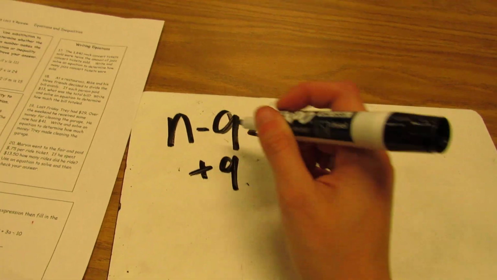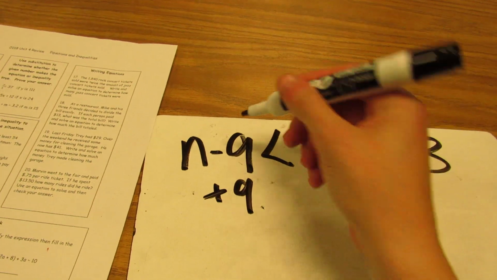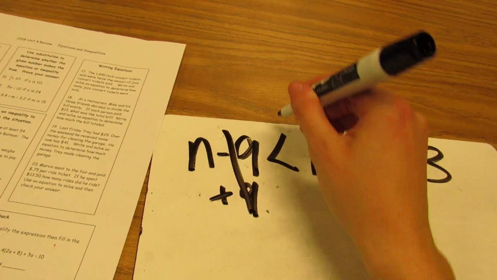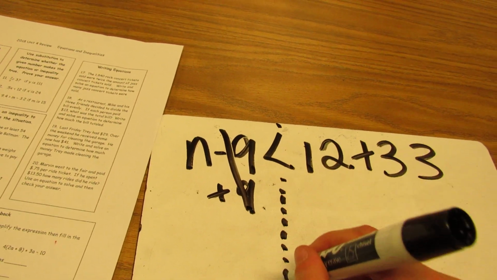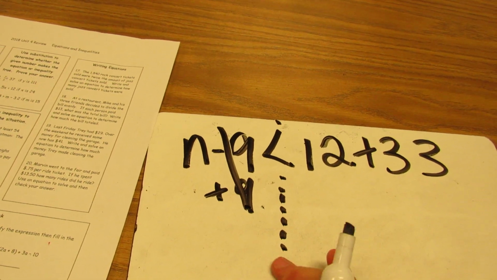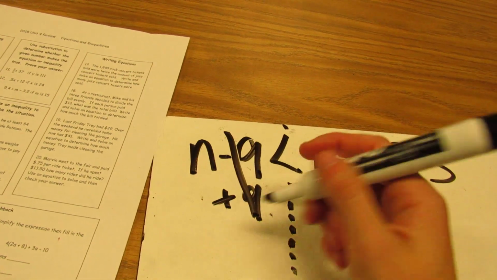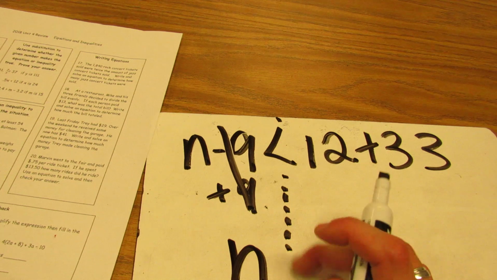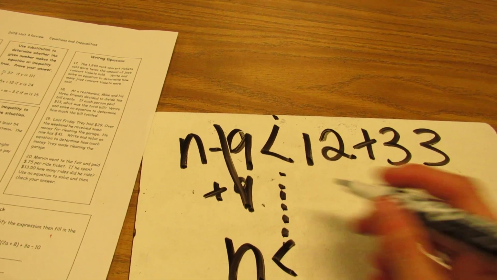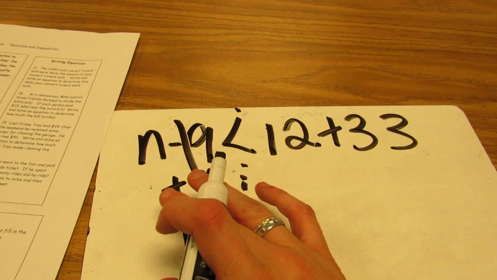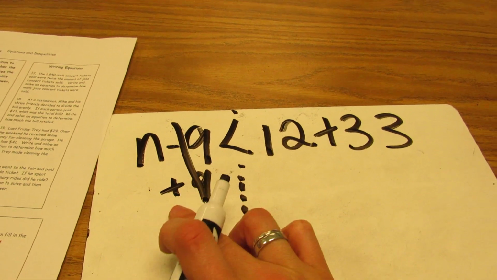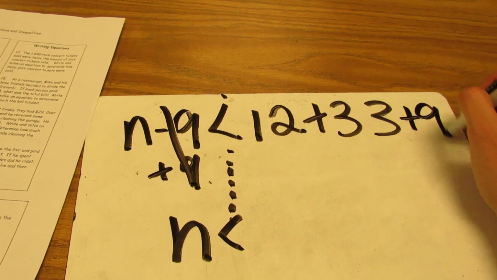All right, so I'm going to add 9. My inverse operation is addition. Cancels out, that becomes 0. So this is very similar to equations in the sense that you're isolating a letter, a variable. So I put n on this side, and I bring down my symbol. I have to do the same thing on this side. That's what I mean by it's very similar. Add 9 to that side as well.